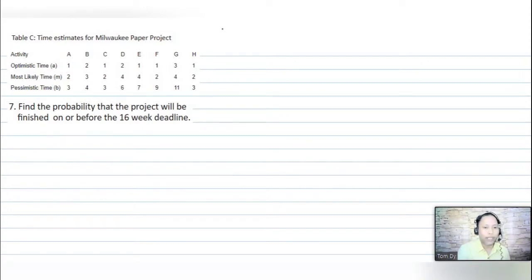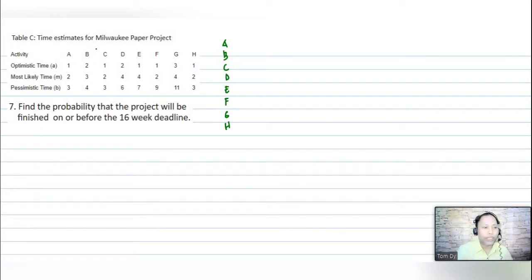So let me arrange it, I will write it here. My activity, let's say activity A, B, C, D, E, F, G, H. I will just estimate the space. So these are our activities: A, B, C, D, E, F, G, H. Okay, we have our activity here.